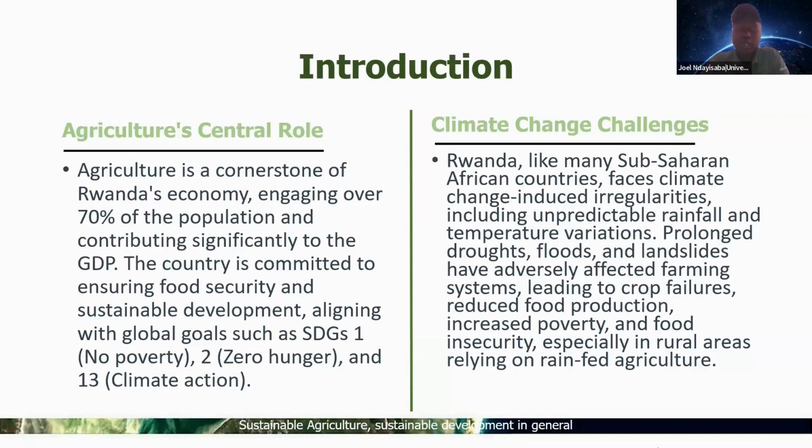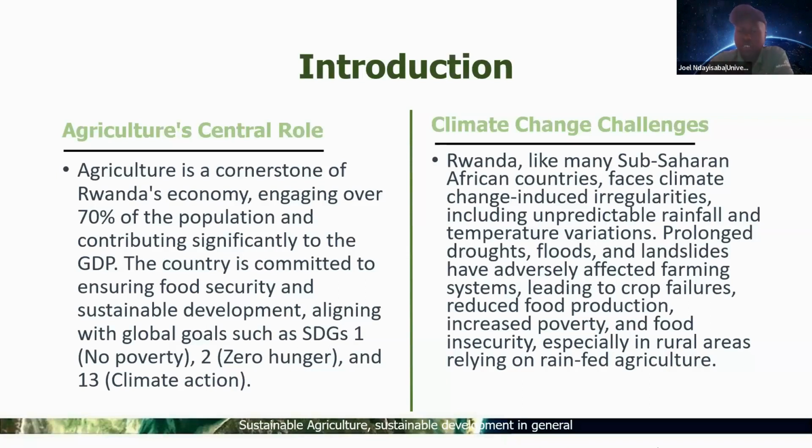So here in Rwanda and other sub-Saharan African countries, we are challenged by climate change induced irregularities like unpredictable rainfall and temperature variation. On unpredictable rainfall, we found that our country is challenged by vast periods of unpredictable rainfall, where previously we faced the challenge of floods.